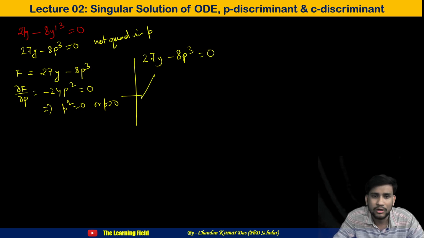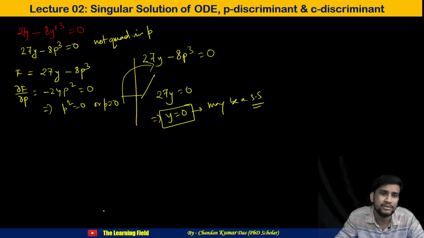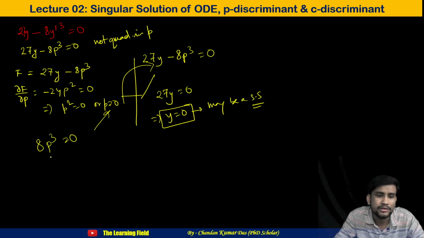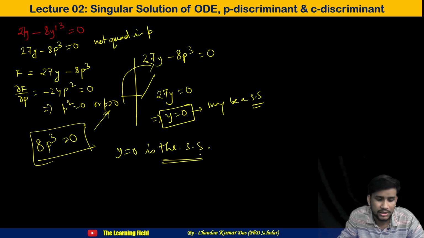Now if we solve these two equations, if we put p equal to 0 here, we get 27y equal to 0. That means y equal to 0. So y equal to 0 may be a singular solution if y equal to 0 satisfies the differential equation. So if we put y equal to 0, then we get 8pq equal to 0, and from here we get p equal to 0. That means this is satisfied. That means y equal to 0 is the singular solution.